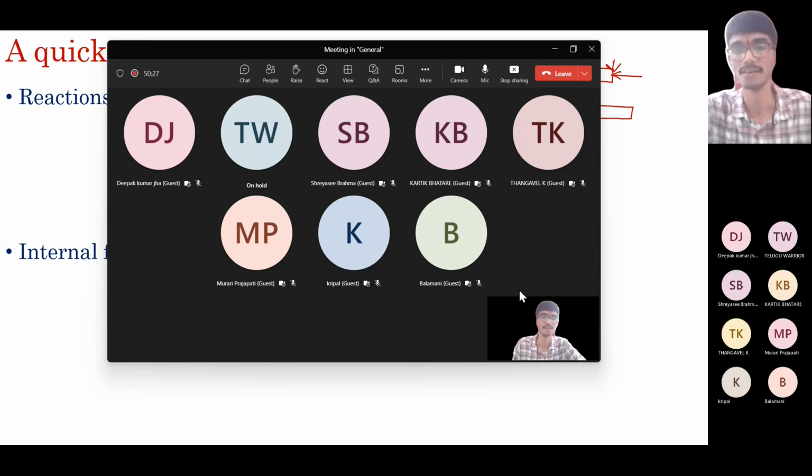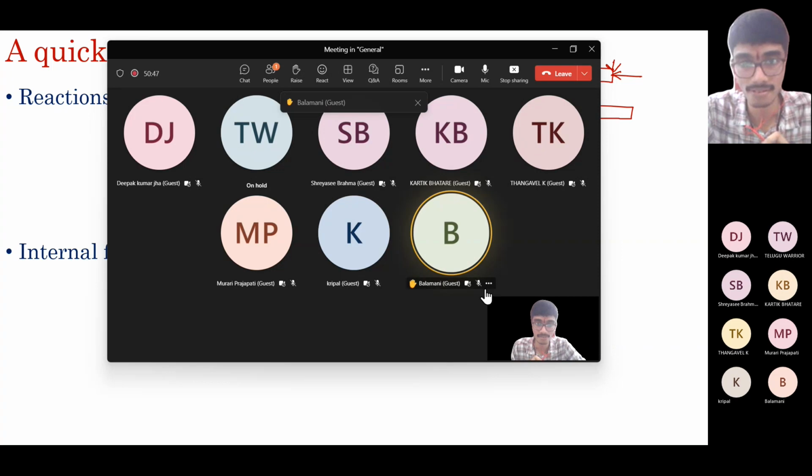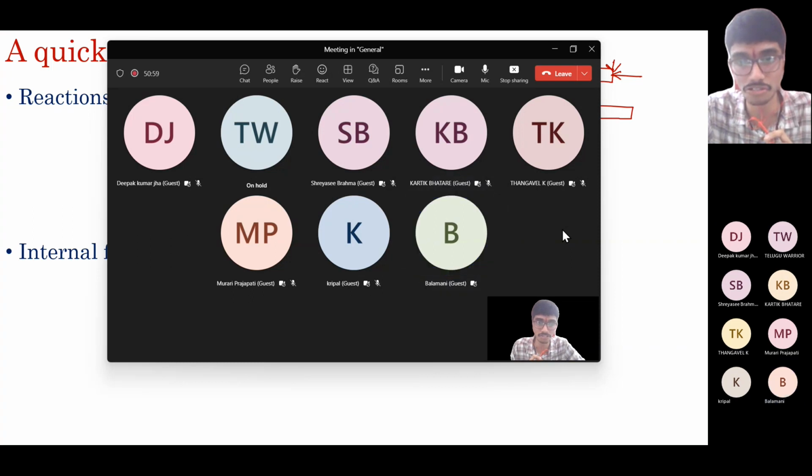Anyway, I'm recording it in case you're facing any network issues or technical issues. I will share the video on the YouTube page. You can watch it later. How many are facing this issue with mobiles? Okay, only one. I would suggest you just click on the name, NS. Sometimes that will resolve the issue.